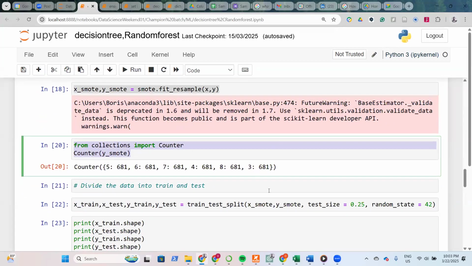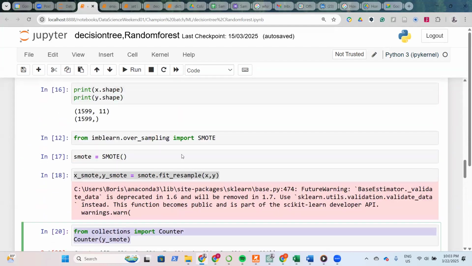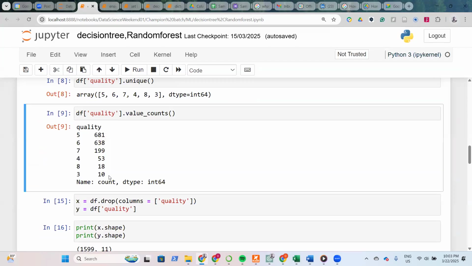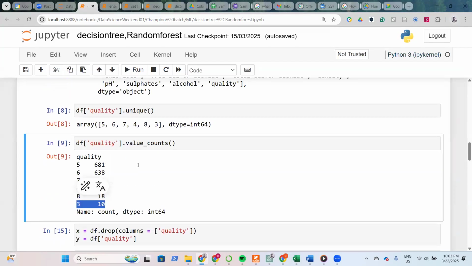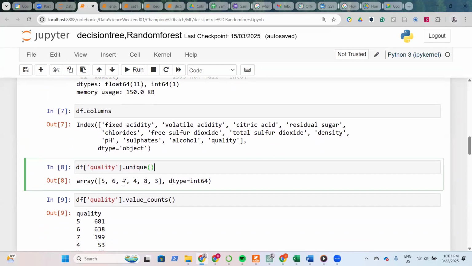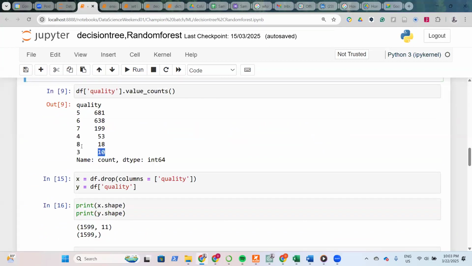My third line was that, when we did the value count initially, look at category 3. If I do an 80-20 split, there is a very high probability that these 3 might not even end up in my train data set because there are only 10 values. They might all end up in the test data set, and the training will not see this category.